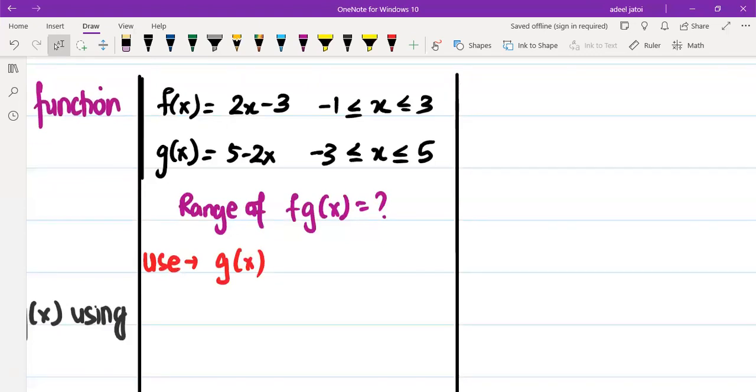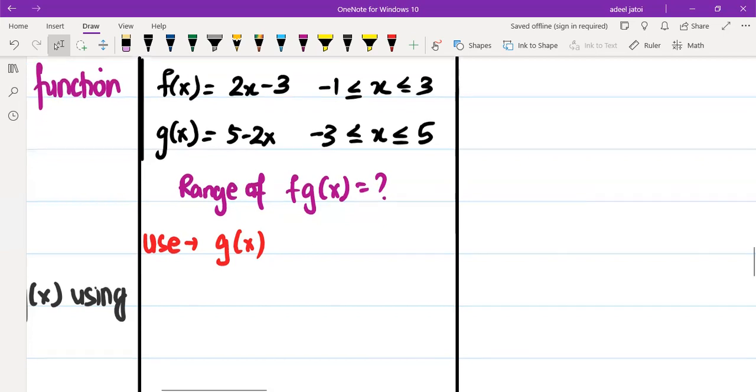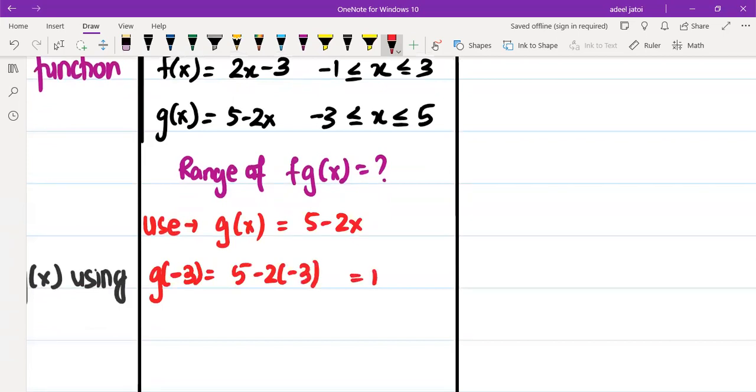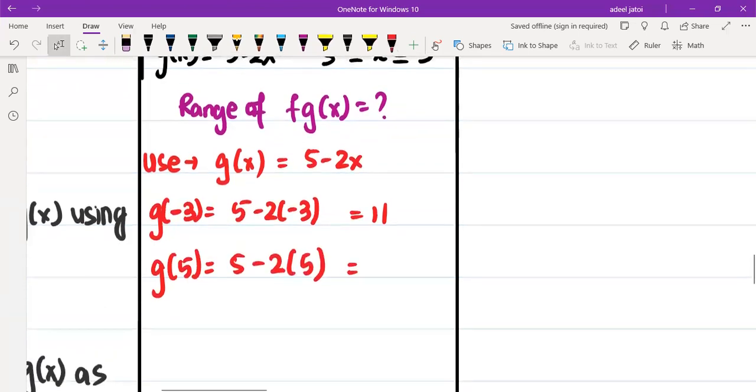So we have two values. We have minus 3 and we have 5. So g(x) is 5 minus 2x and domain is minus 3. So g(minus 3) is 5 minus 2 times minus 3. We get 11. g(5) will be 5 minus 2 times 5, so this should be minus 5.